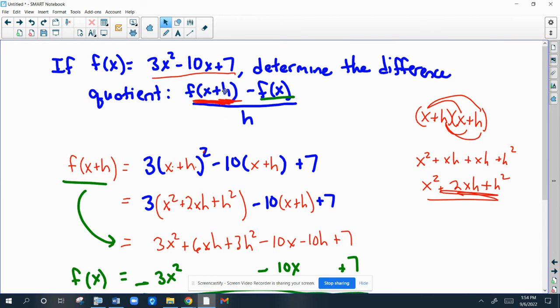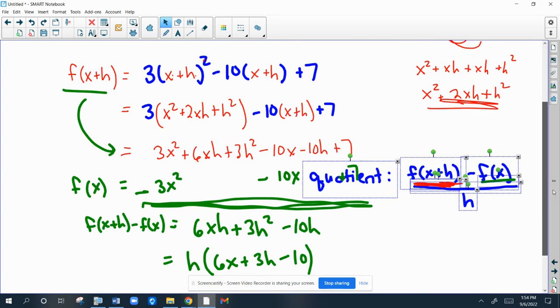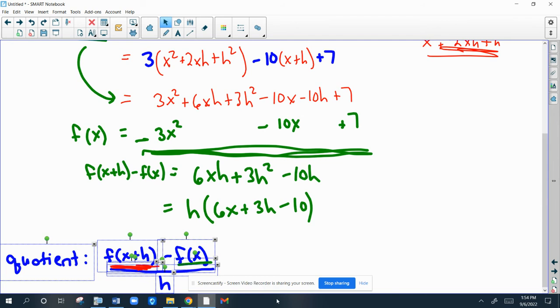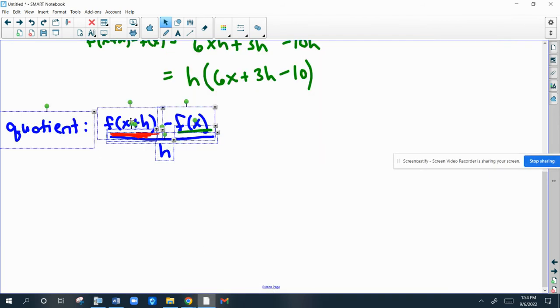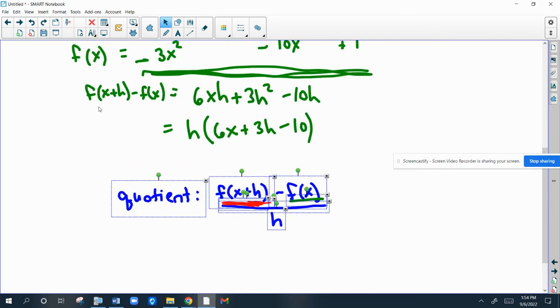So I'm going to take it down here a bit so I can see it. I'm going to start filling it out. So remember, this row I was left with f of x plus h minus f of x equals this.